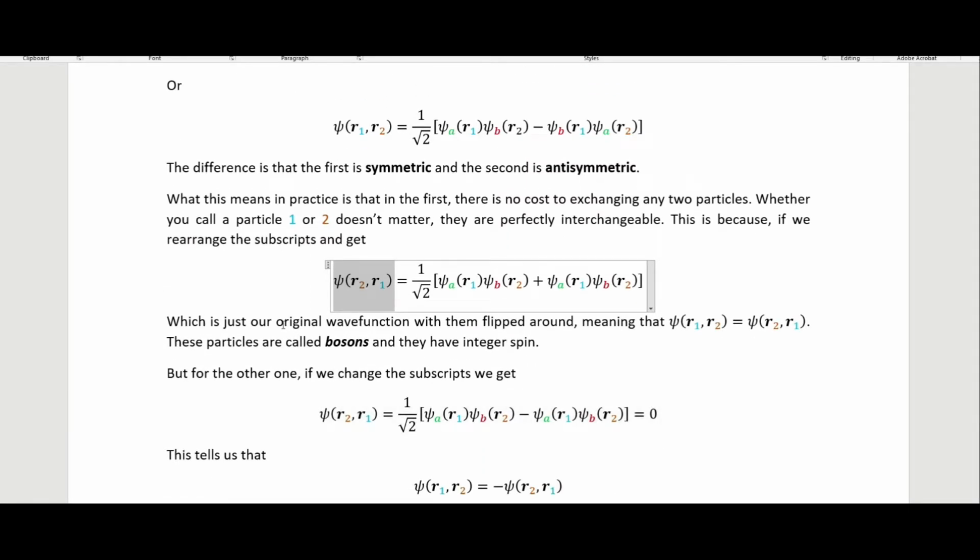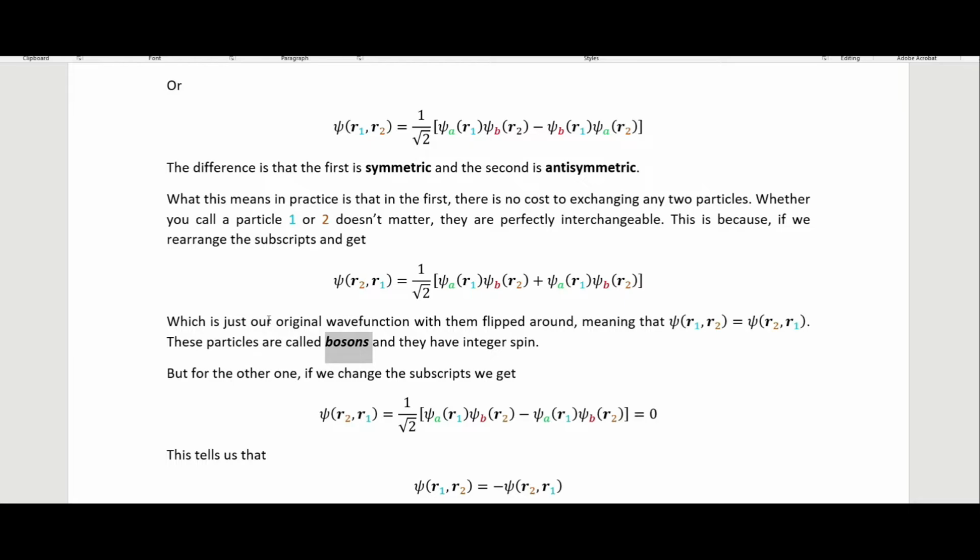And in fact, that is what symmetric is defined as, where when we rearrange this 1 and this 2 to 2 and then 1, they're just equal to each other. And that's why it's called symmetric. And these particles are what are called bosons.